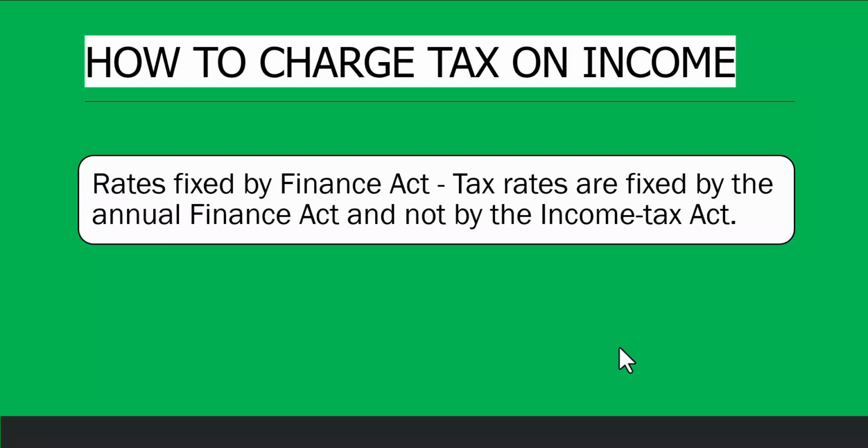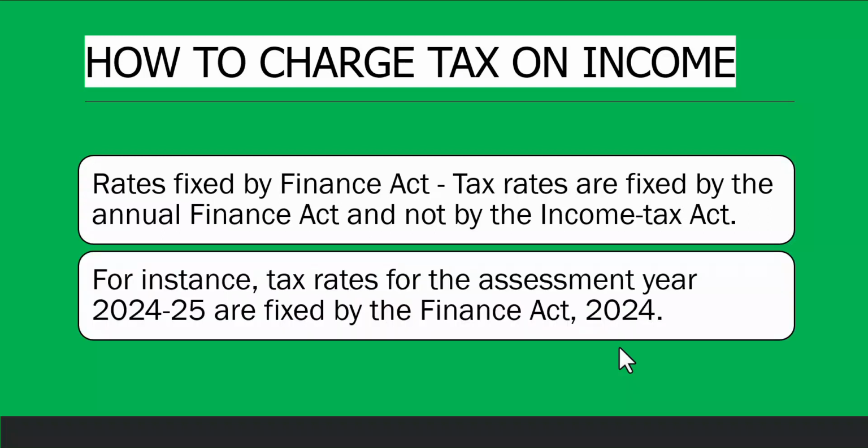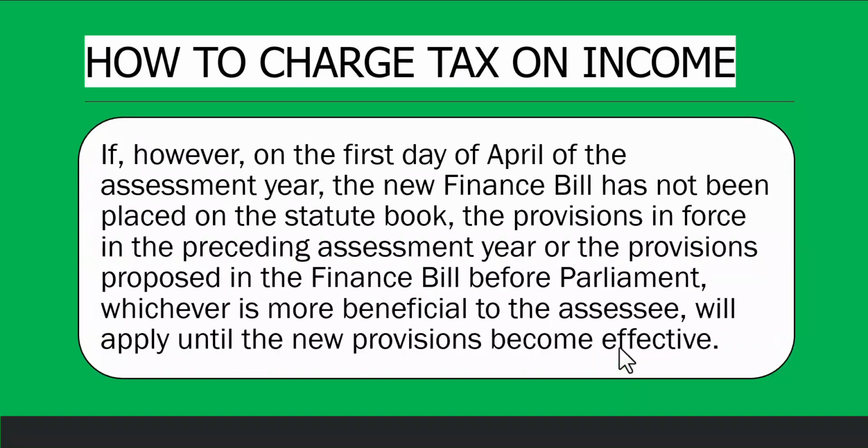Like if you are winning from a lottery, the tax rate is 30% or something like that. That is given under the Income Tax Act. But all other rates are given under the Finance Act. For instance, tax rates for the assessment year 24-25 are fixed by the Finance Act 2024. So these rates will be fixed by the Finance Act 2024 for the assessment year 2024-25.